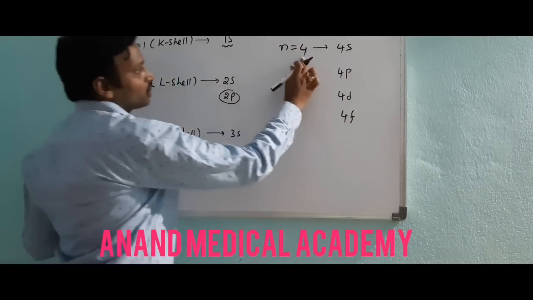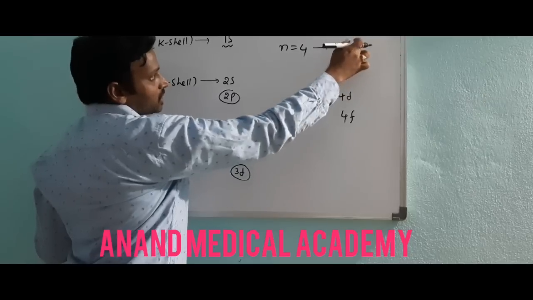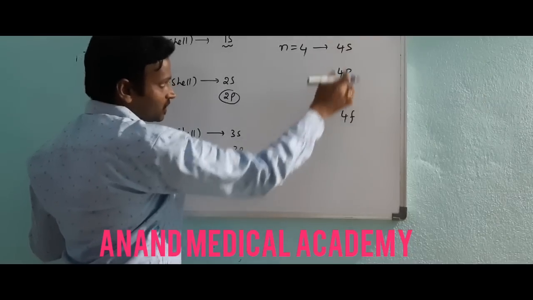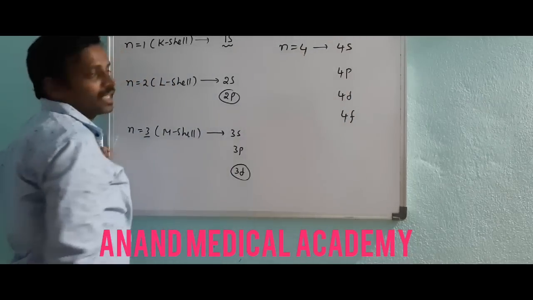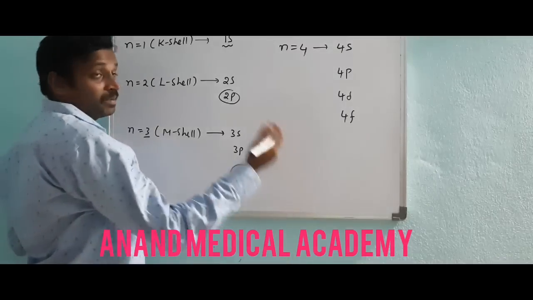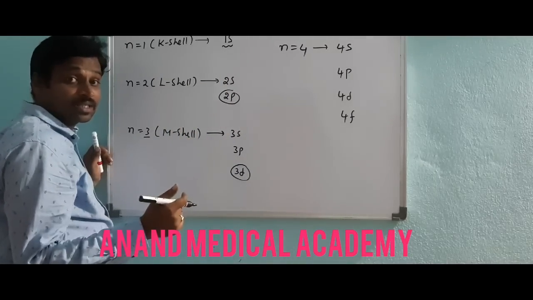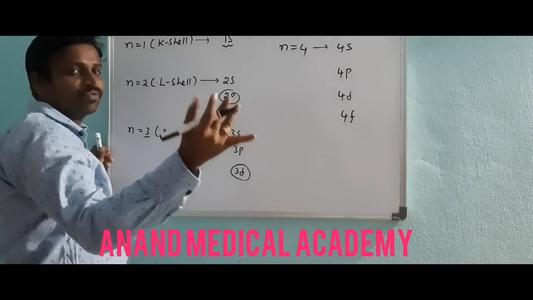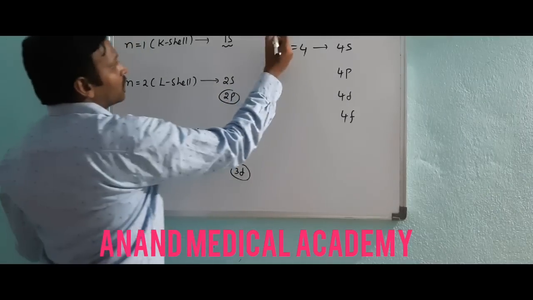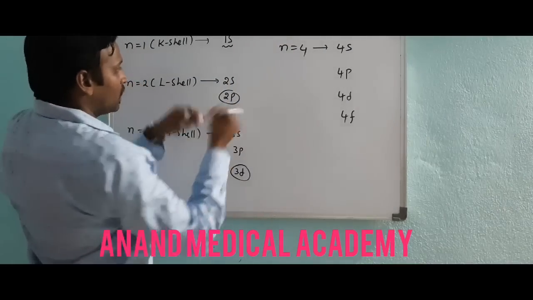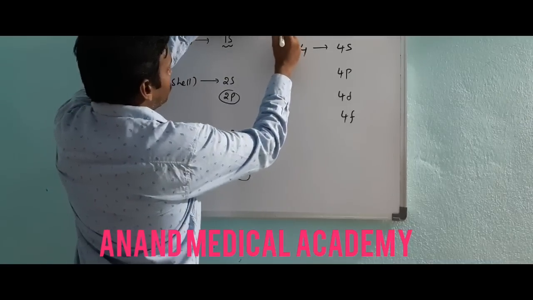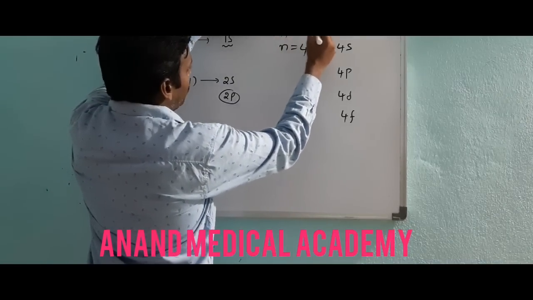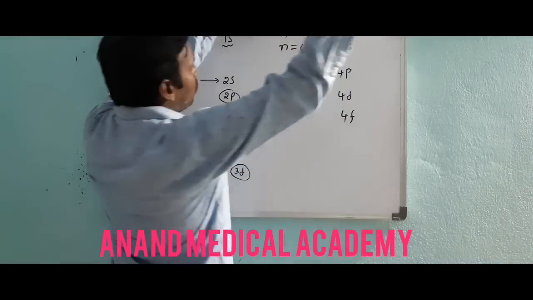It starts with s and ends with 4 minus 1, that is 3, and l equals 3 means f subshell. Like that, the subshells are s, p, d, f, g and so on.